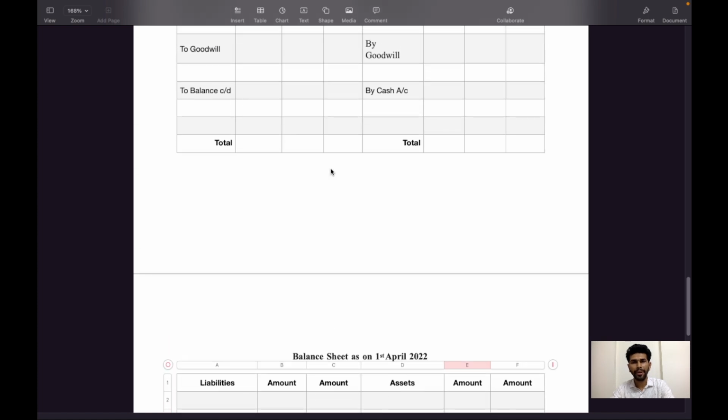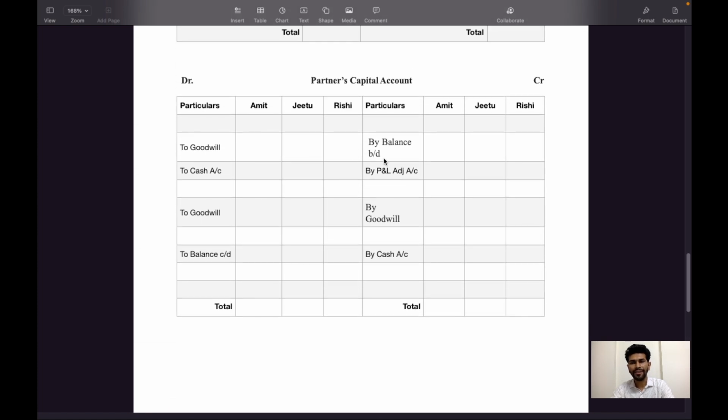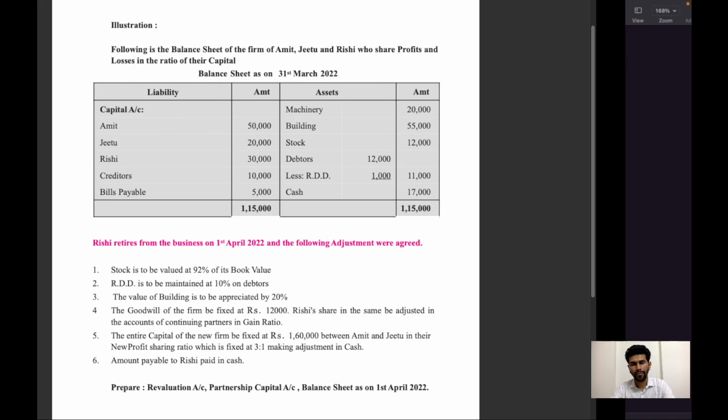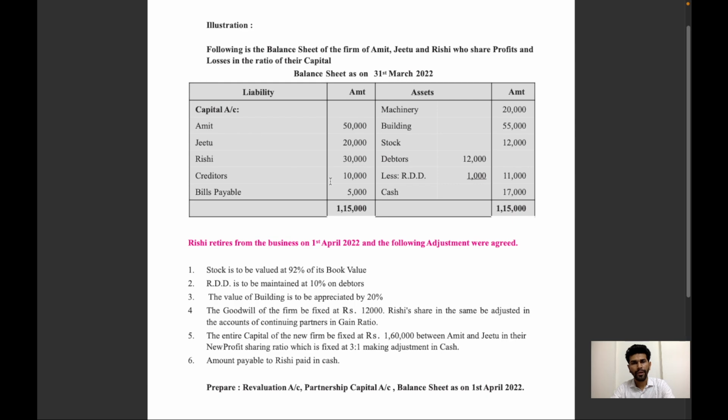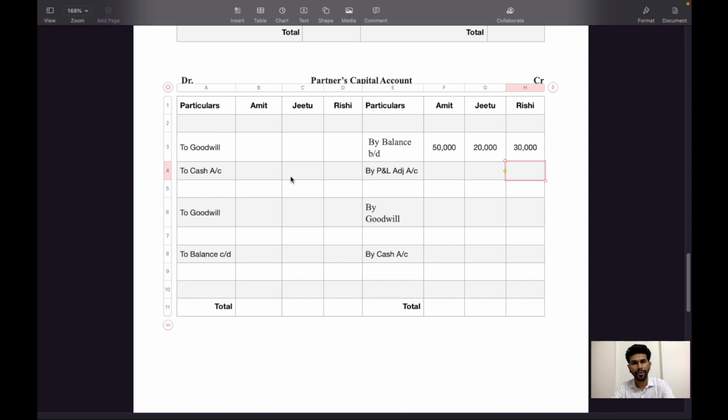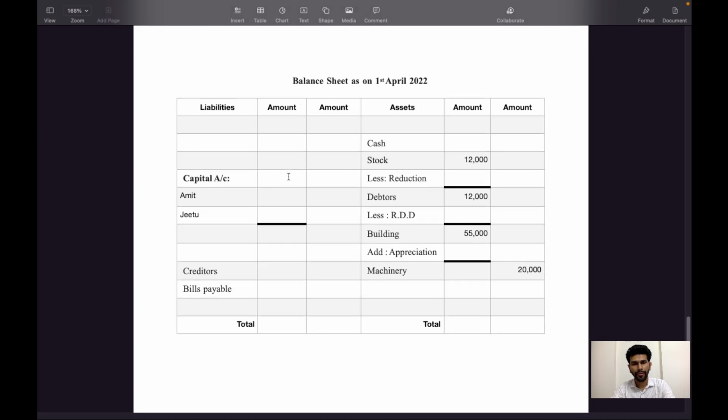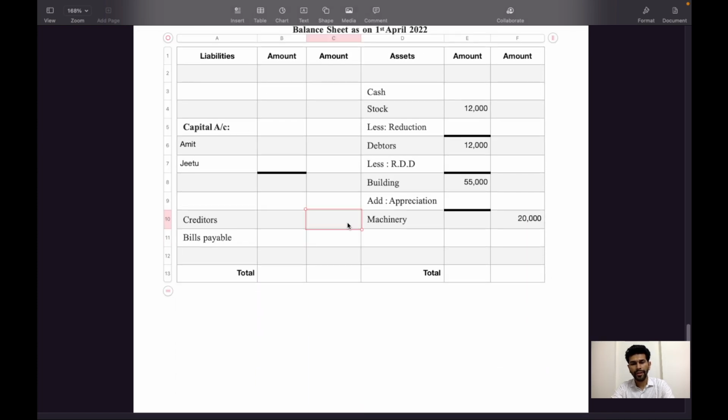So partners capital account credit side, by balance brought down. The opening balance of capital is 50,000 rupees, 20,000 rupees and 30,000 rupees. Creditors 10,000 rupees and bills payable 5,000 rupees.